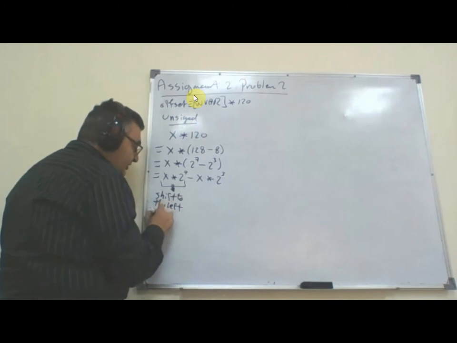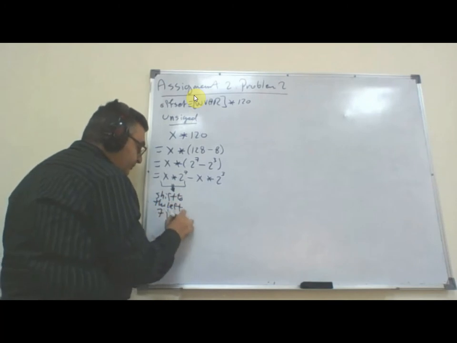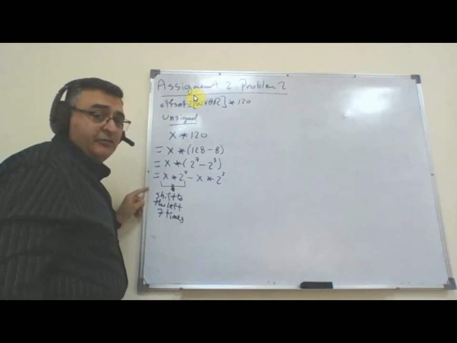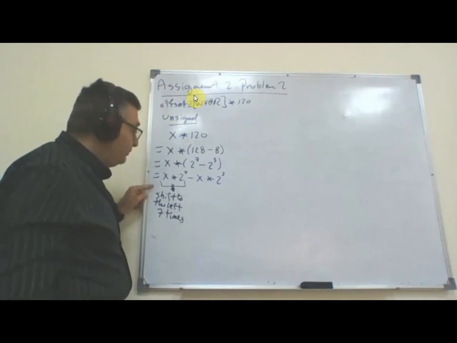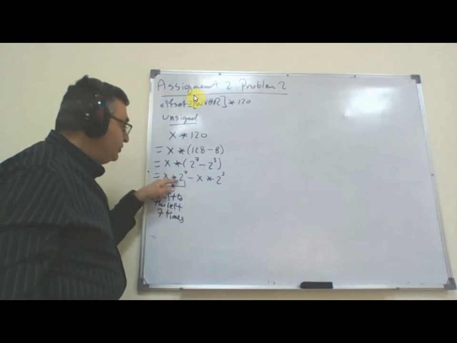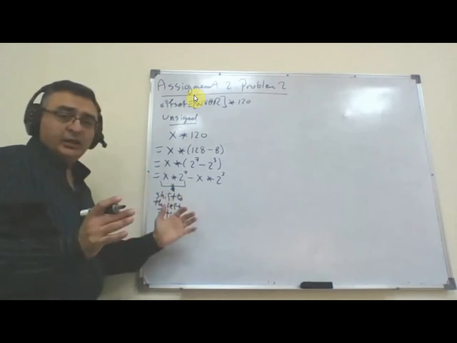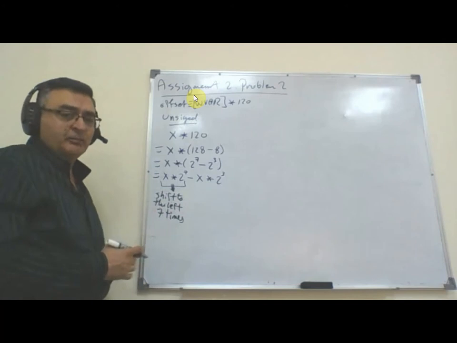How many times? 7 times. However, this shifting should not leave away the shifted out bits. The bits to be shifted out should be shifted back into a bigger sized number.